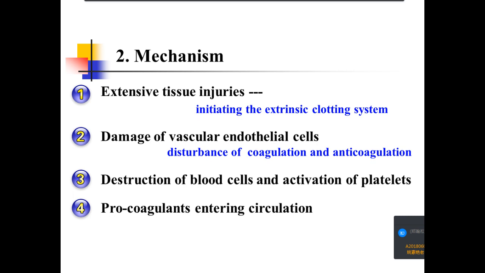So anticoagulation function decreases. Do these three substances released by VEC belong to the coagulation system or the anticoagulation system? The anticoagulation system. So when VEC is damaged, these decrease, anticoagulation function decreases, and coagulation function increases, so DIC may happen.